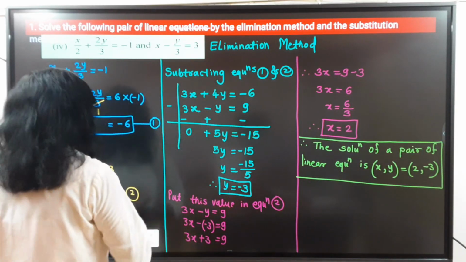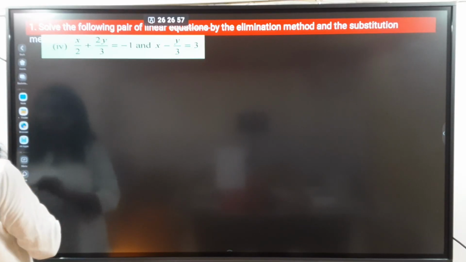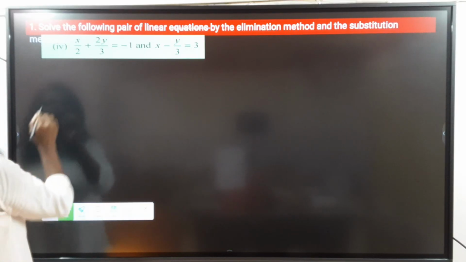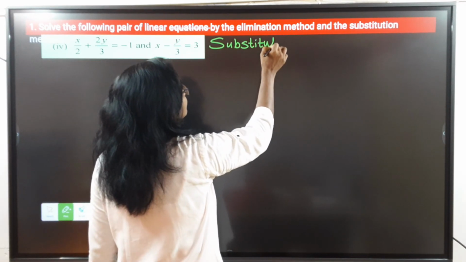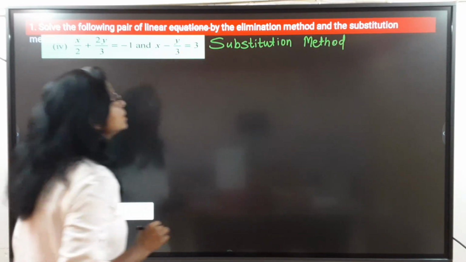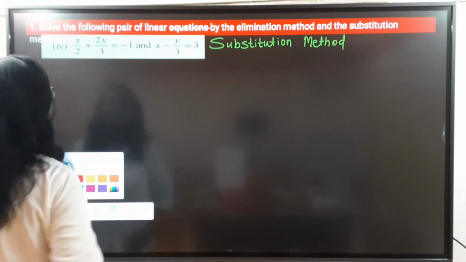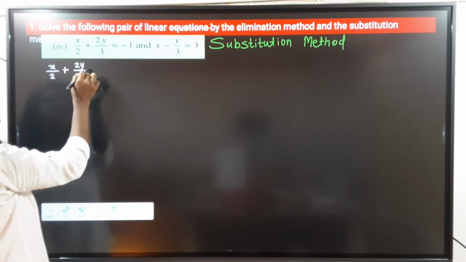So let us do the second one, the substitution method. Here I write down the substitution method. So first I write down the equation x upon 2 plus 2y upon 3 is equal to minus 1.